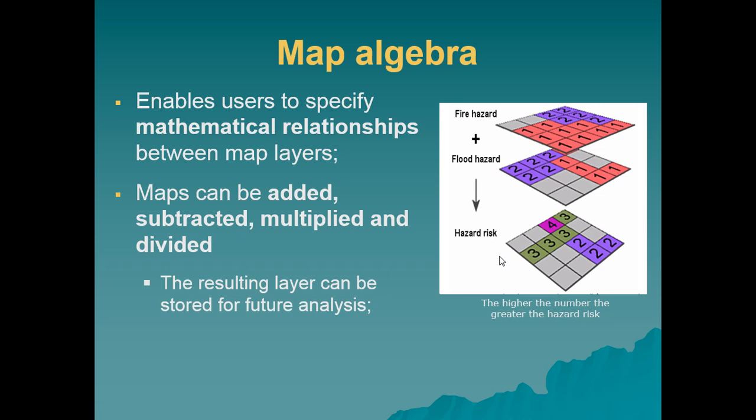So this hazard risk map actually represents the level of hazard of both fire and flood. Right? So when we add the numbers together, we will get an output. Where you have values for only one layer and none for the other, we do not actually have a value in the final result in those cells.